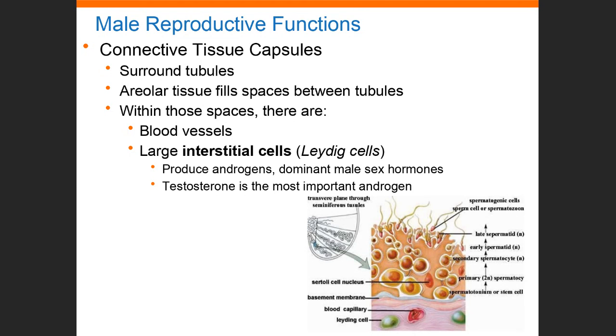So FSH is going to be influencing the nurse cells and these mitosis stem cells when and if they go through mitosis, and then when and if so many of them start going through meiosis. Okay, the nurse cells are going to be providing the inhibin hormone to feed back to your brain to make sure your FSH and your sperm counts are just right.